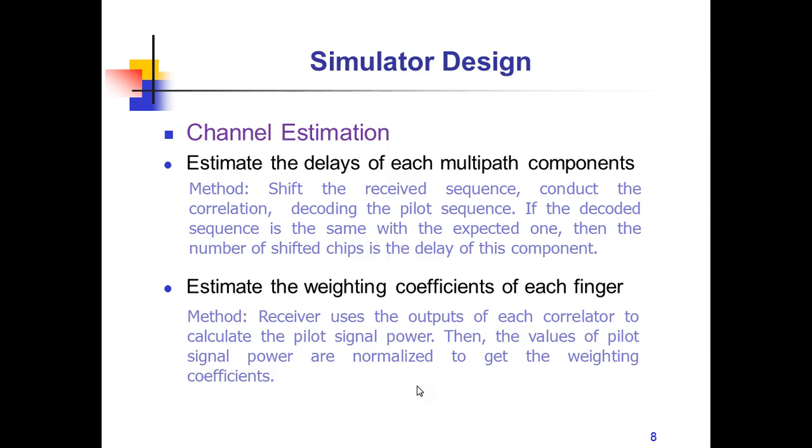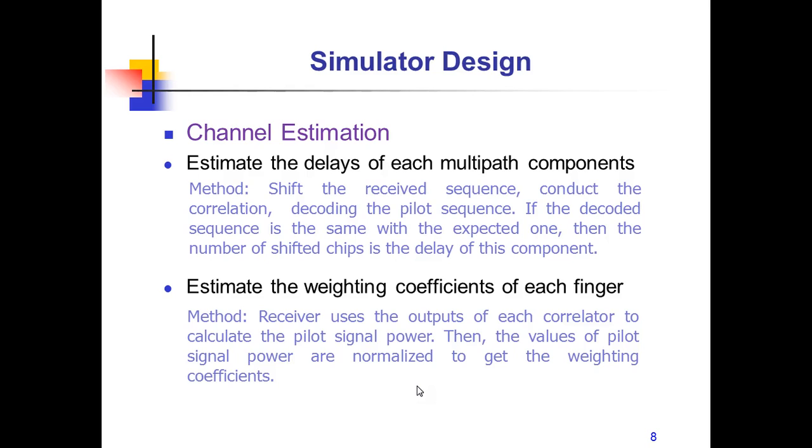At the receiver side, channel estimation is needed because the receiver needs to use the pilot sequence to estimate the delays of each multipath component and the weighting coefficients of each finger, so that the diversity combining can be achieved. First, estimate the delays. Because the pilot signal and the corresponding Walsh code are known at the receiver, and the multipath components are also orthogonal to each other, we can shift the received signal and correlate it with the Walsh code.